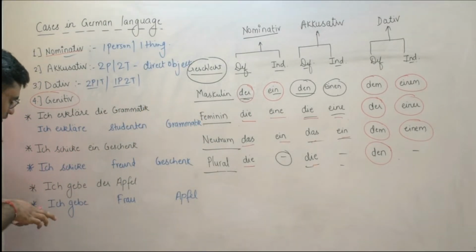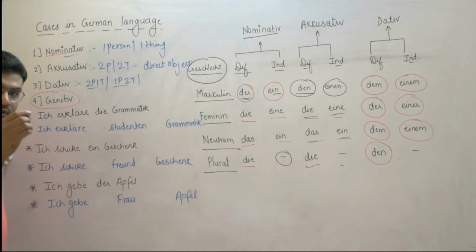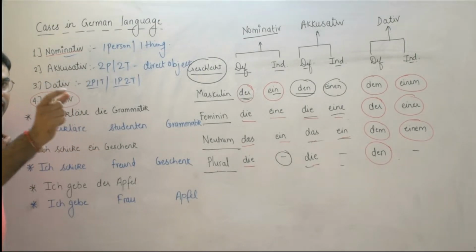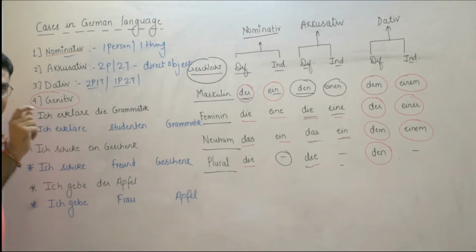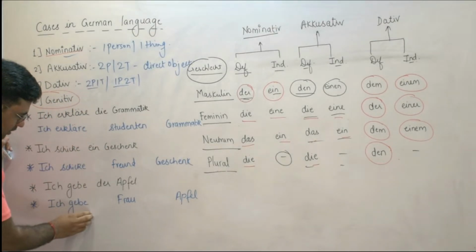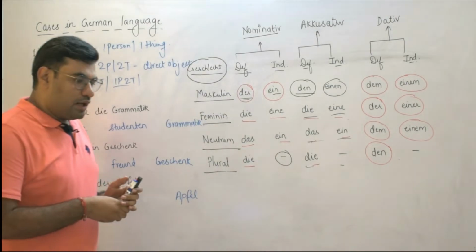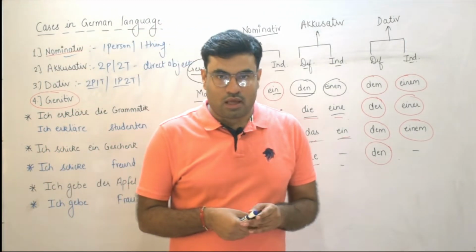Now, if I say that I give the apple to a lady, what does this become? Ich gebe, then here Frau, Apfel. Now try to understand.